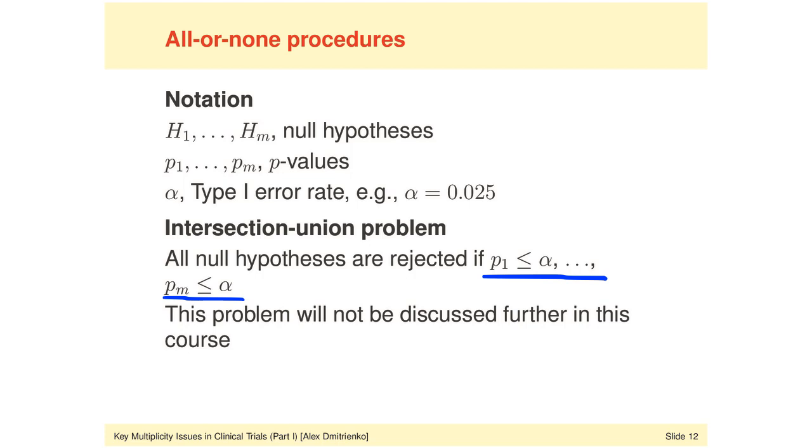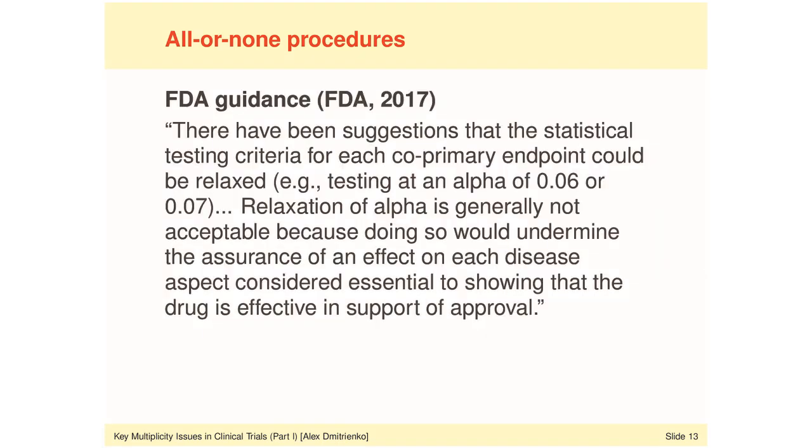What we see on the slide is the complete solution to the intersection union multiplicity problem. There is really nothing else to discuss, and this is in fact the last time we're going to see this problem in this course. On a related topic, I would like to point out that it is stressed in the FDA guidance that there have been suggestions that the statistical testing criteria for each co-primary endpoint could be relaxed.